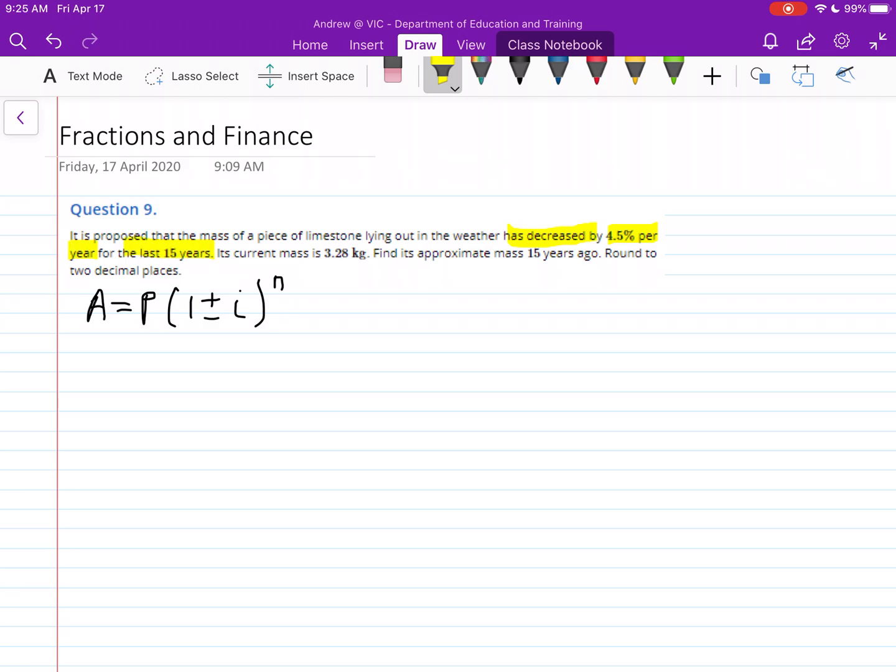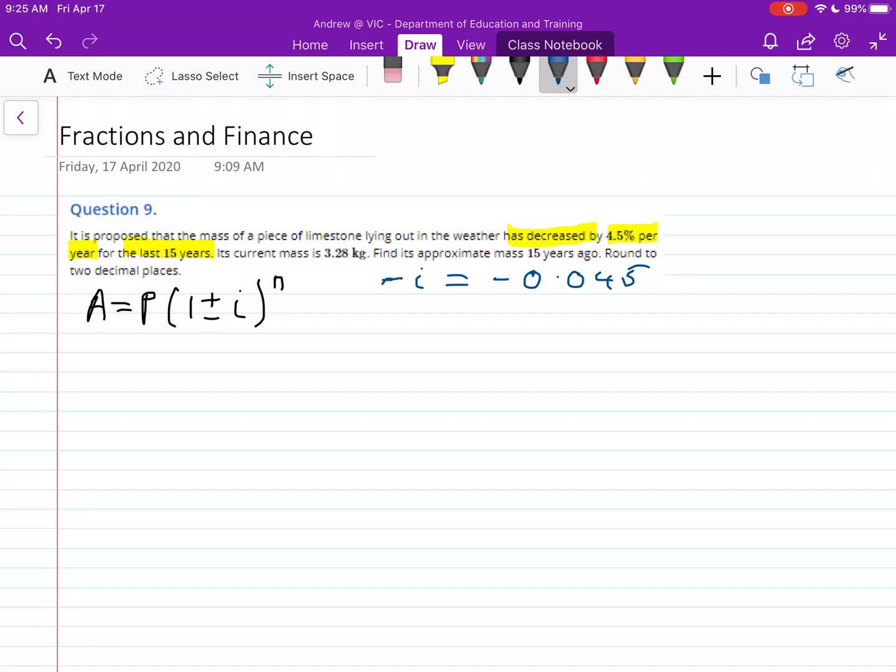So this tells us that our interest, normally it goes up, but here we're going to be going down, so we're going to be minusing interest, and 4.5% is 0.045. Okay, so we're going to be minusing that there.